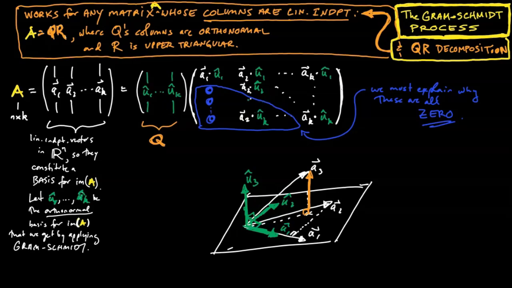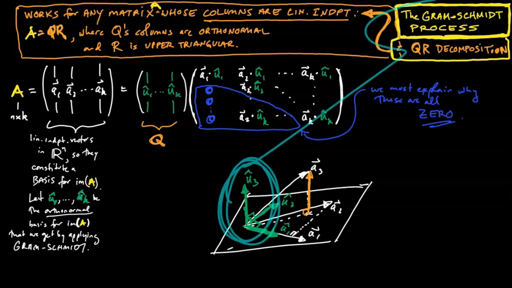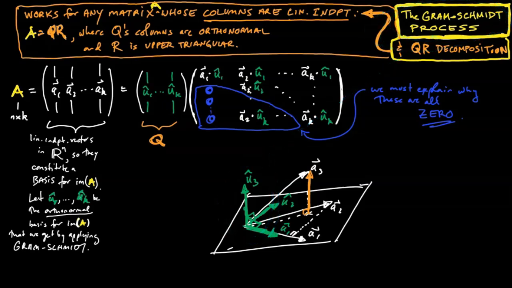But when we get to the next one, the first one below the main diagonal, which would be A2 dotted with U3. Well, U3, by design, by the Gram-Schmidt process, is perpendicular to the span of U1 and U2. Well, A2 lies in the span of U1 and U2. So that means U3 must be perpendicular to A2, so that entry would have to be 0. And similarly, A2 dotted with U4.